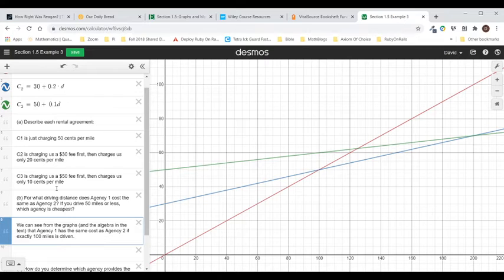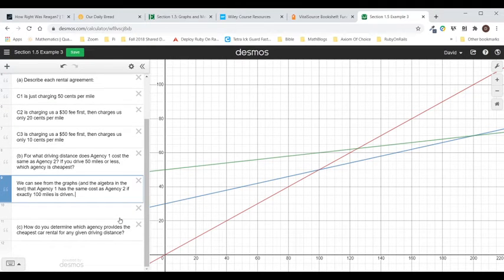Now it says, if you drive 50 miles or less, which agency is cheapest? Well, 50 miles or less ends right about here. And I can see that if I only drive 50 miles or less, the green one is the most expensive, the blue one is the second most expensive, and the red one is the least expensive. So I'm going to try to put a little note here.